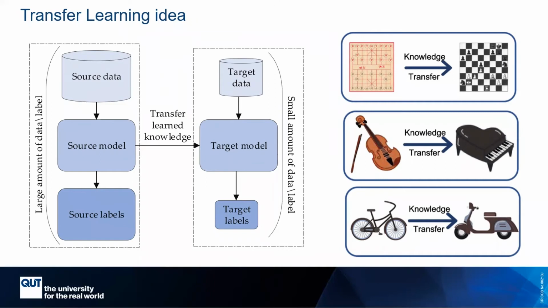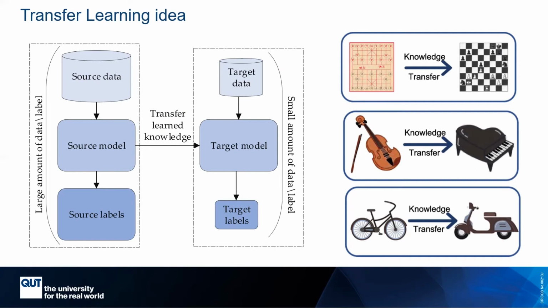Compared to other tasks, for example classifying cat versus dog, it's enough to label it by yourself. However, with medical images, you need people who are really expert in the area in order to label that image. So one of the good techniques to deal with that is something called transfer learning.